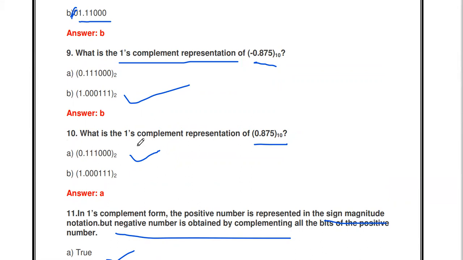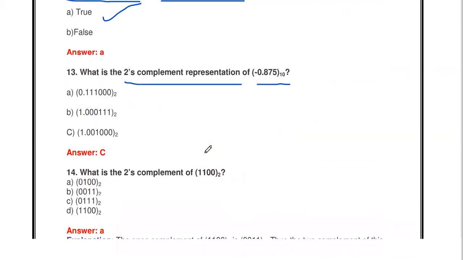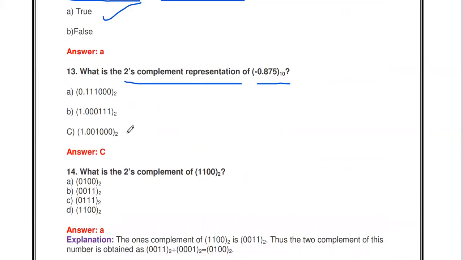Then you take the 1's complement of this in the first step: 1.000111. Then we add 1 to that answer, so we get 1.001000. This is the 2's complement representation. 2's complement is nothing but the 1's complement answer added with 1 in the LSB.